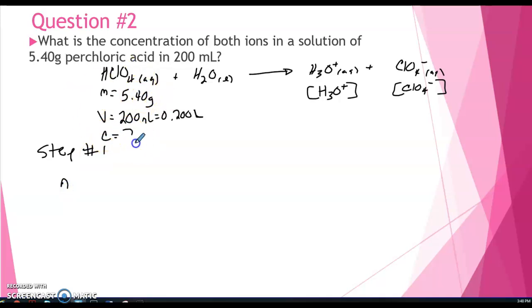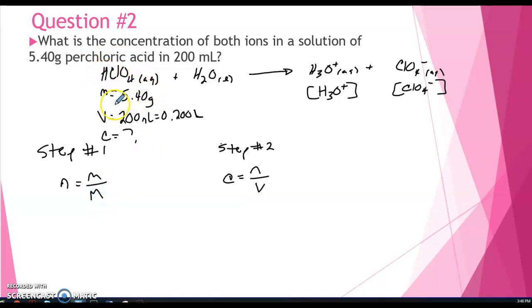We don't know the concentration right now, but we know the formula is step two: C equals N over V. So we have volume, we don't have N. To find N, we have to use the formula of mass over molar mass.